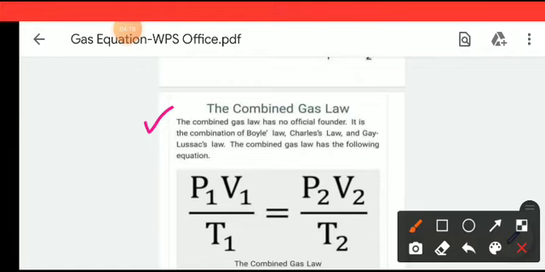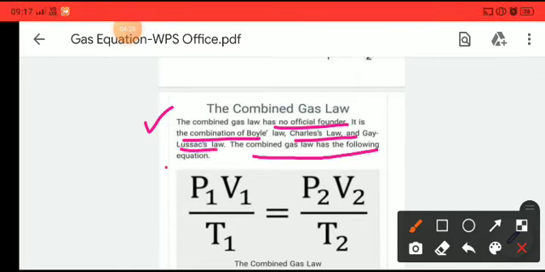The combined gas law has no official founder. It is the combination of these three laws. The combined gas law is the following equation: P1 V1 by T1 is equal to P2 V2 by T2.